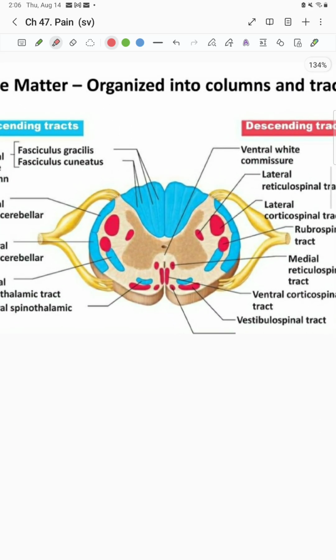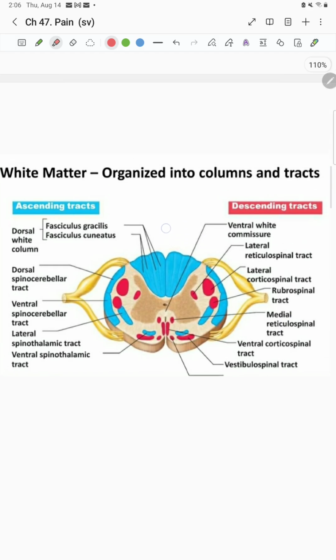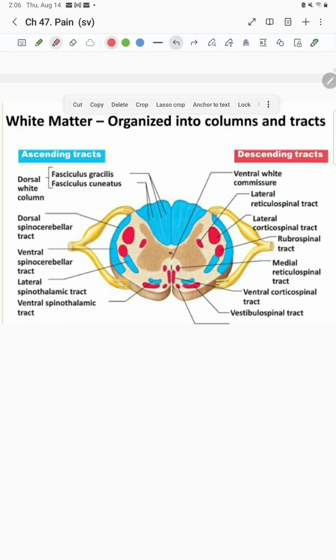Here's a reminder of those tracts. If you divide the spinal cord in half, you have your right and left side, and this is the anterior and this is the posterior aspect of the cord. You have your dorsal nerve root and your dorsal horn, and the ventral nerve root.